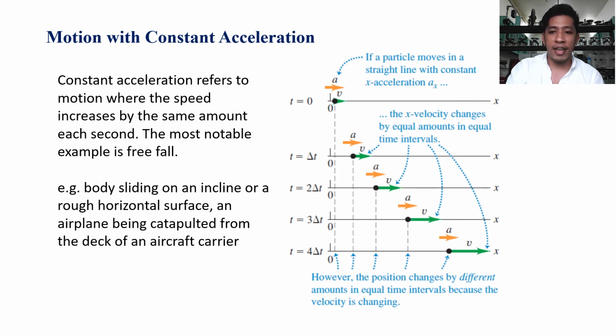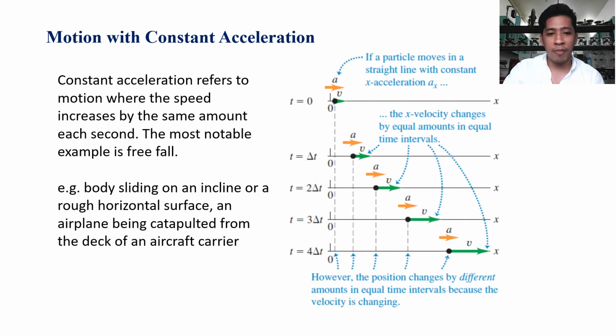We have a negative acceleration because the acceleration due to gravity goes to the negative y-axis. It goes downwards. Other examples for motion with constant acceleration are a body sliding on an incline or on a rough horizontal surface, and an airplane being catapulted from the deck of an aircraft carrier.